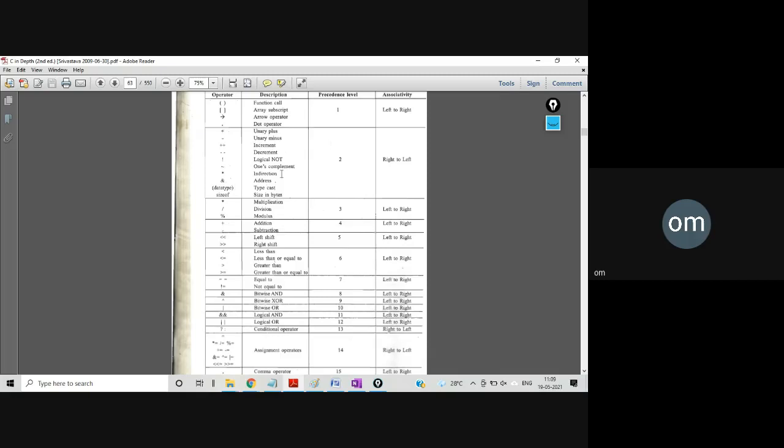What you can do is take the image of this one, and then on your machine you can open this.